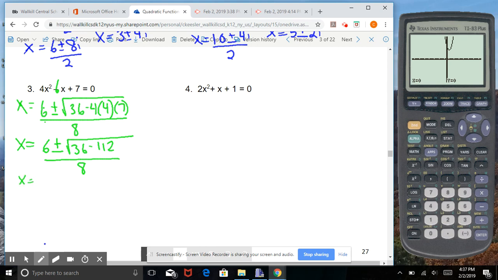Further simplifying, 6 plus or minus the square root of 36 minus 112, which is negative 76, all over 8.